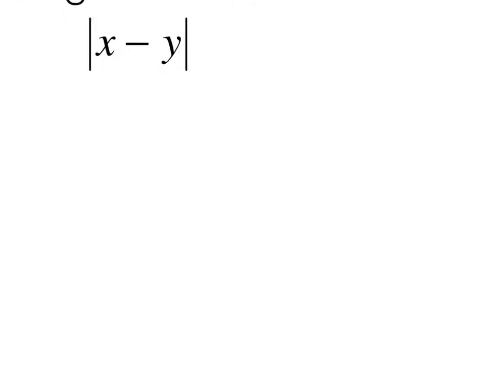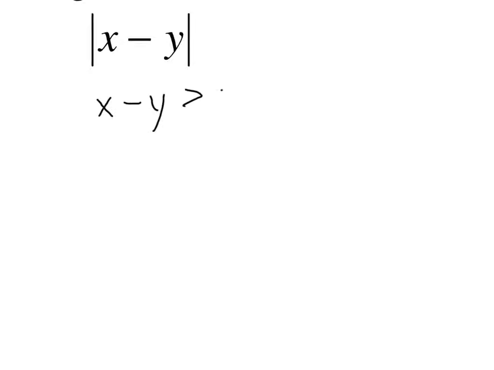The absolute value of x minus y. Now this one is very interesting. We don't have a rule for the absolute value of x minus y, or a rule for subtraction. Let's think about this for a minute. If x minus y is greater than 0, in other words, if x is greater than y, then that's going to be positive.